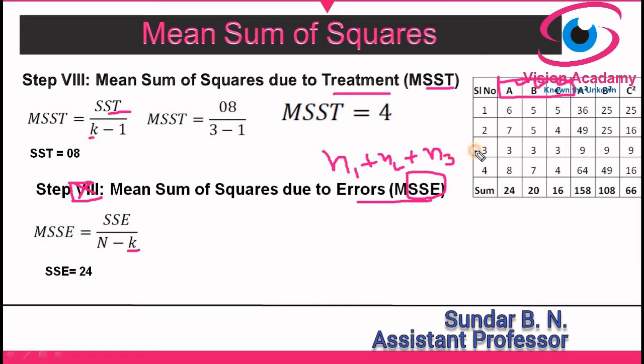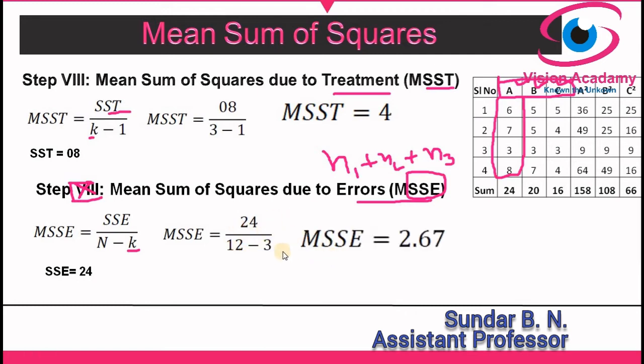We have 4 samples in each group, that is 1, 2, 3, 4. 4 into 3, 12. So N in this example is 12 and K is 3. SSE is 24, N is 12 and K is 3. So 24 by 12 minus 3. When we simplify that, 24 by 9, which equals 2.67. So 2.67 is MSSE.